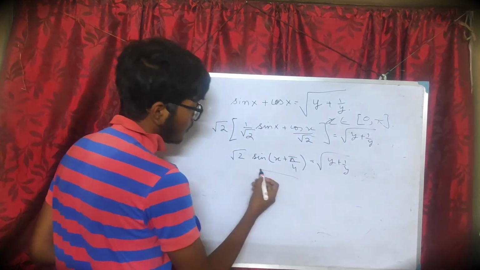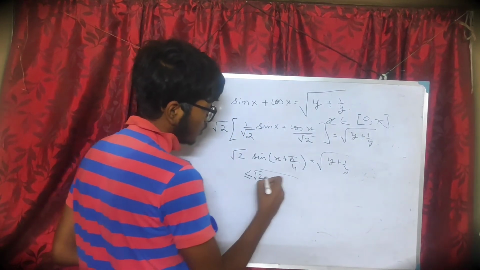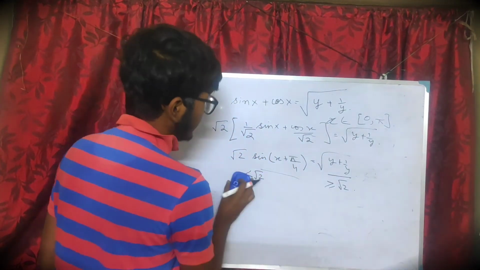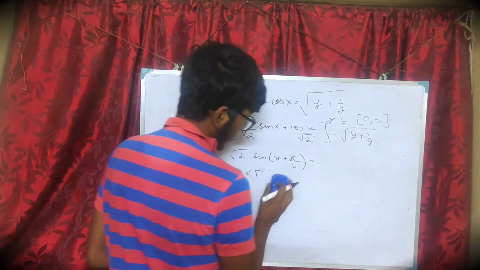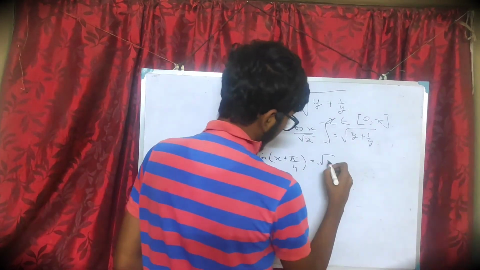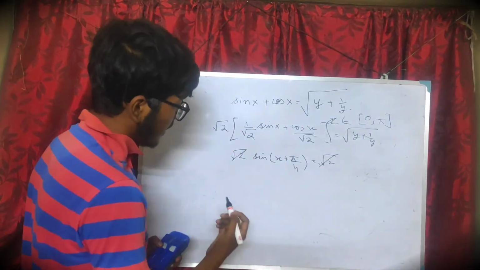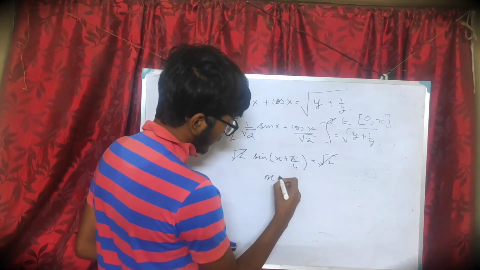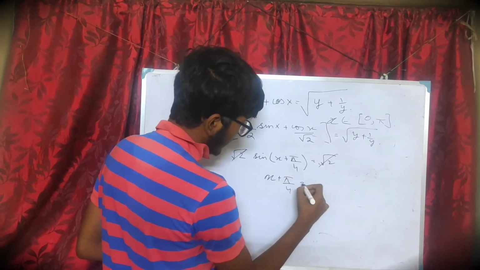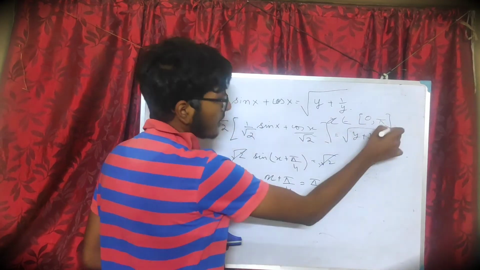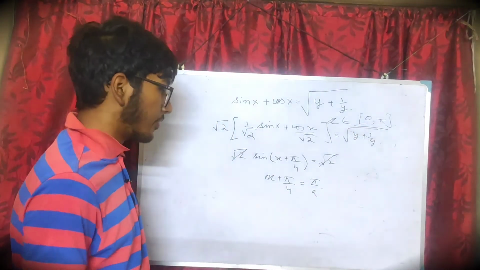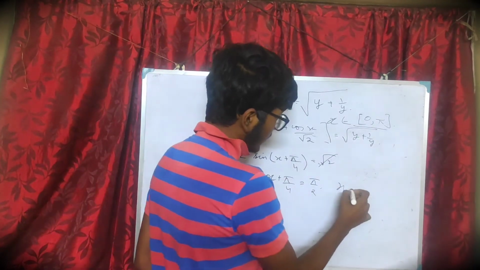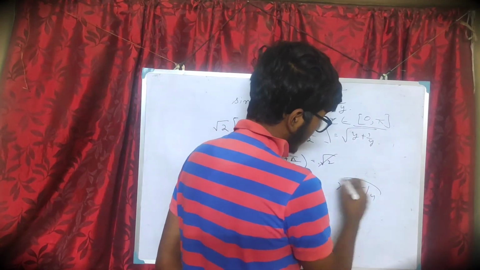Again same stuff, this will always be less than or equal to root 2, this will always be greater than or equal to root 2. So the only value that satisfies is root 2. This is cancelled out, so this would be 1. So x plus pi by 4 would essentially be equal to pi by 2 in this range. If the range is different, then your answer will also be different. So x is essentially pi by 4.